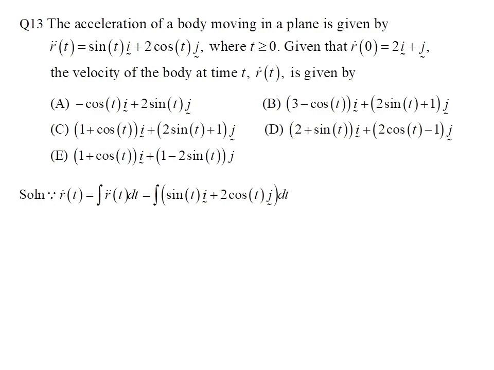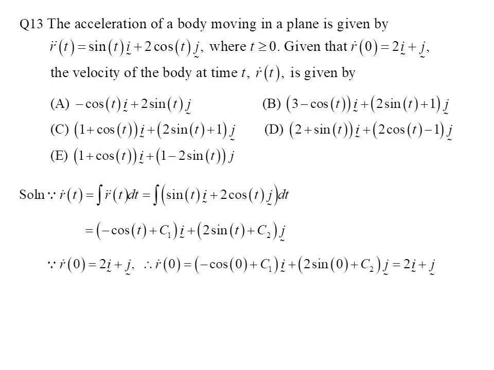Since the velocity equals the integral of the second derivative of the position vector with respect to t, which is written as the integral of sine t i plus 2 cosine t j with respect to t, which equals (negative cosine t plus c1) i plus (2 sine t plus c2) j.